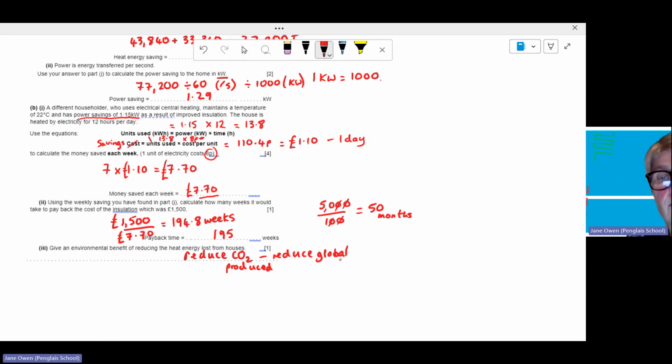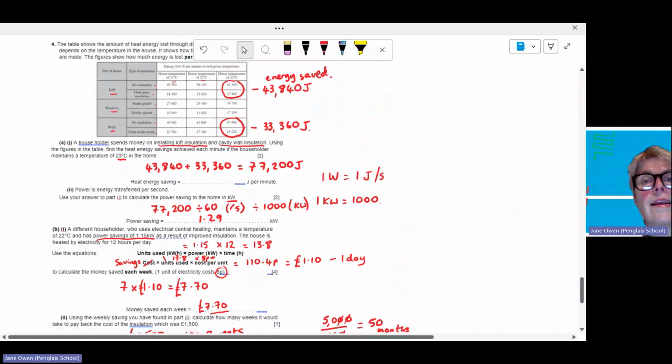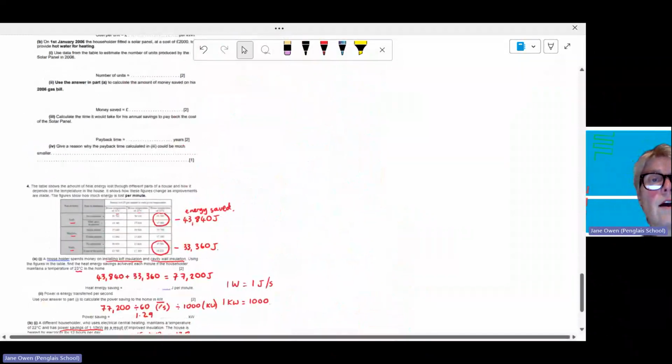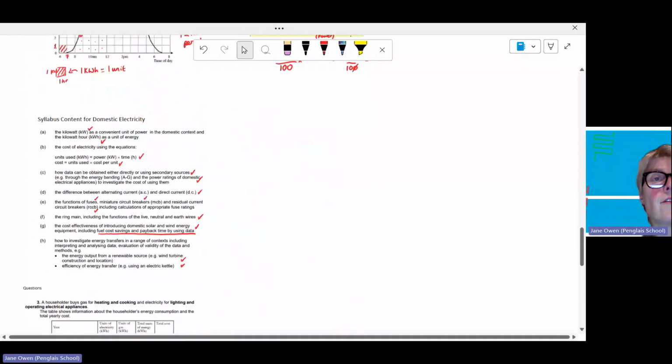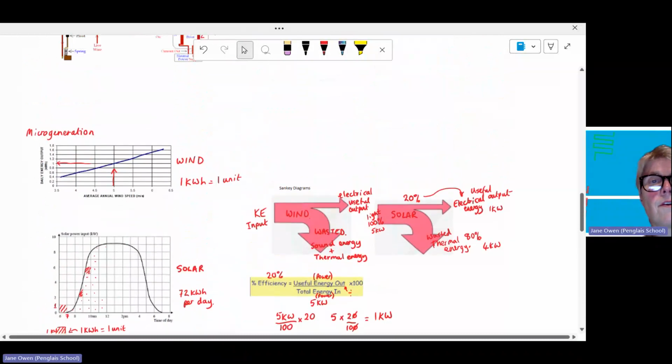And I just wanted to highlight that in terms of using the equations, but in a slightly different context. I'll leave you to have a go at this question, and I'll go over that at the very end.